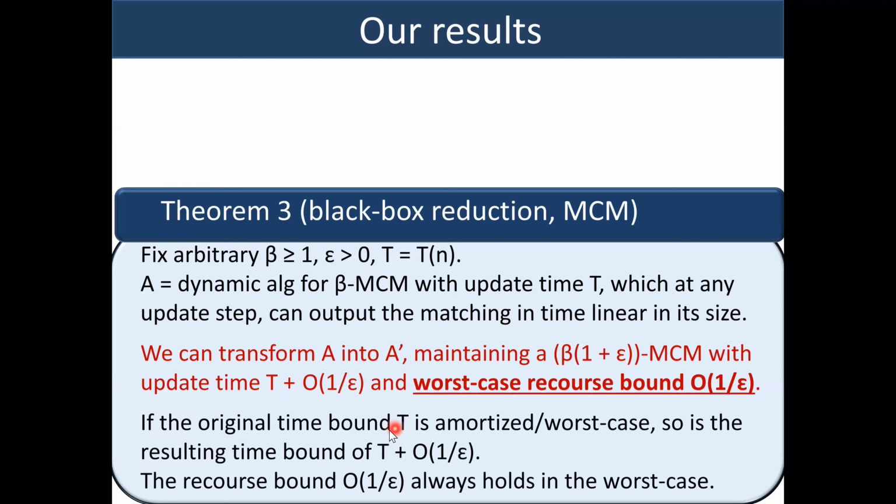Now, if the original update time bound T is amortized, or worst case, so is the resulting time bound, T plus roughly 1 over epsilon. And in any case, the recourse bound always holds in the worst case.